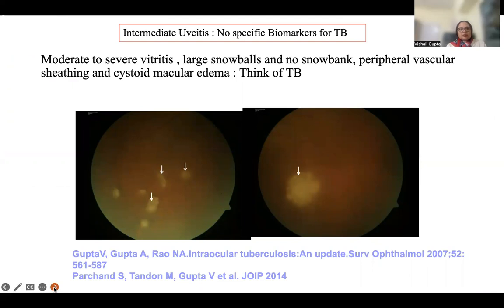From anterior, let's move on to intermediate uveitis. Intermediate uveitis, to be very honest with you all, does not have any specific biomarkers for TB.